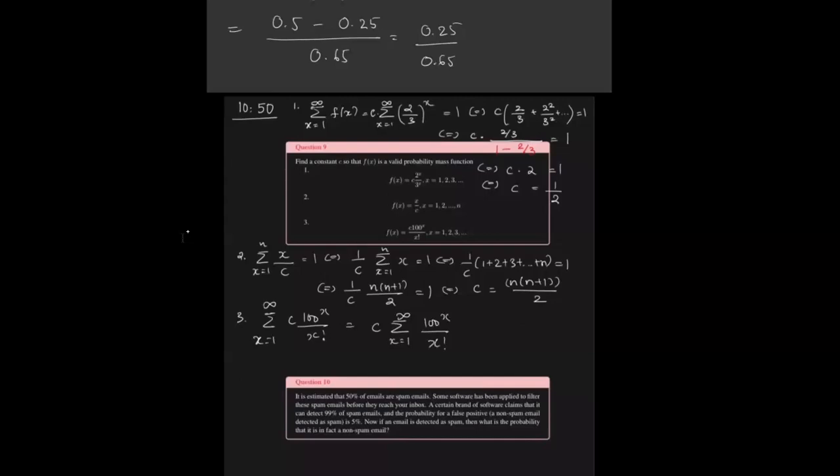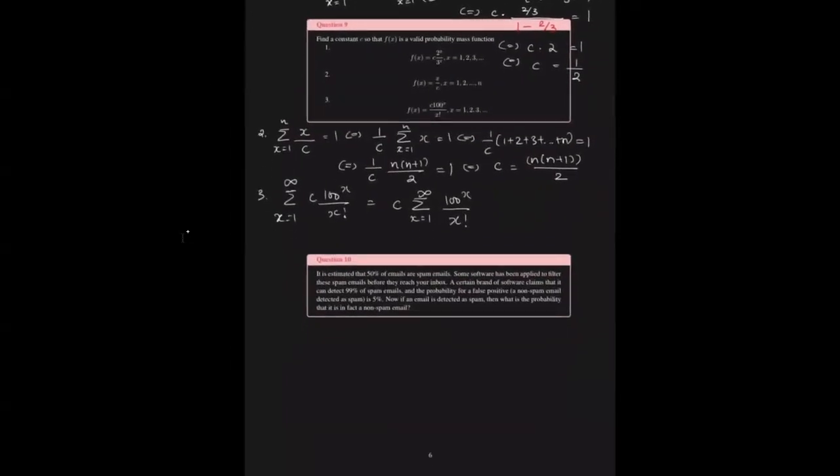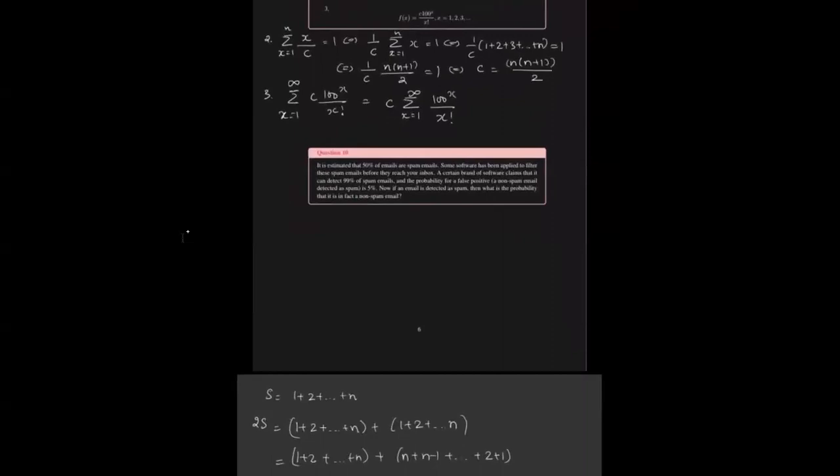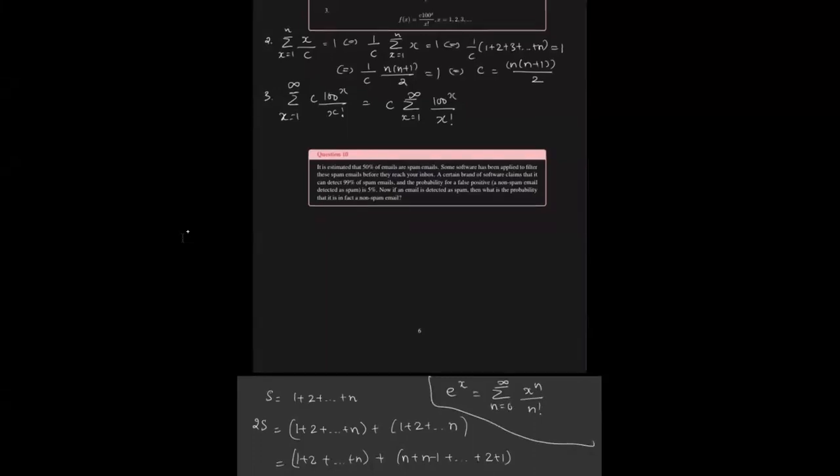It's very tempting to say that this is e to the power of 100, but it's not quite there, because the series expansion for e to the power of x is a summation like this, but with n starting from 0 up to infinity. Here we have n starting from 1. So we cannot just say it is equal to e to the power of 100, because that is not true.